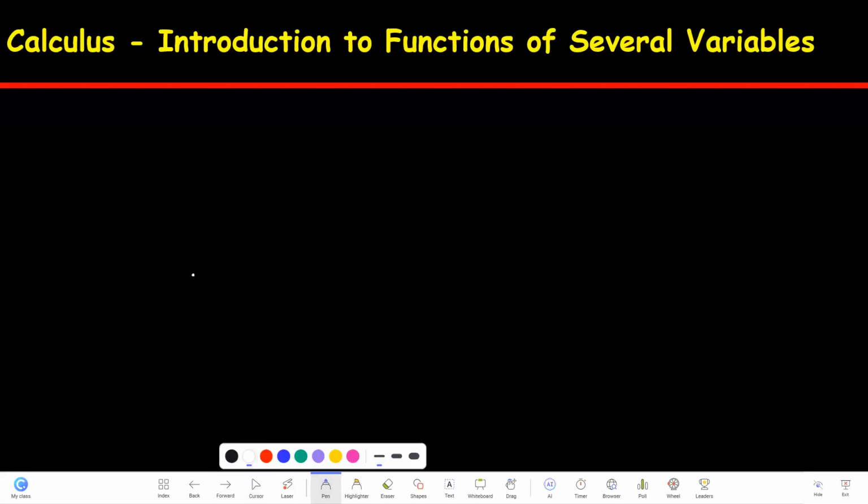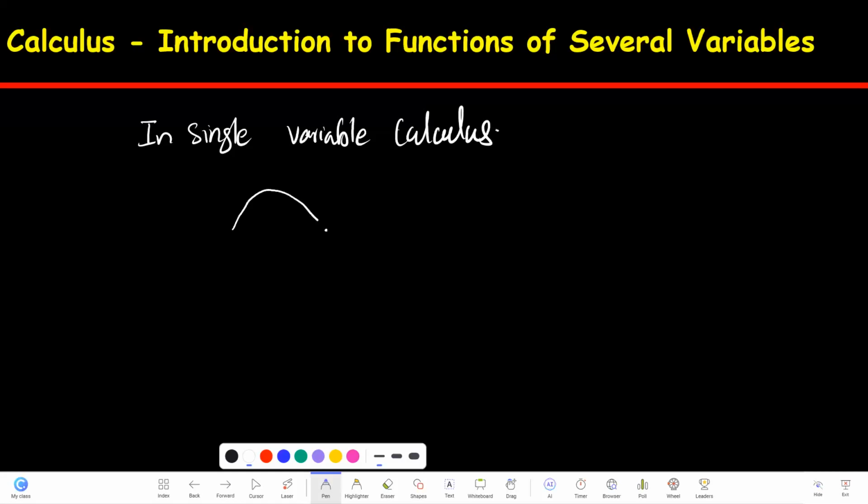So a long time ago, when we started our pre-calc or calc course, we learned about topics in a single variable, right? We have a function maybe that looks like this, like a sine function, and we call it y is a function of x, right?